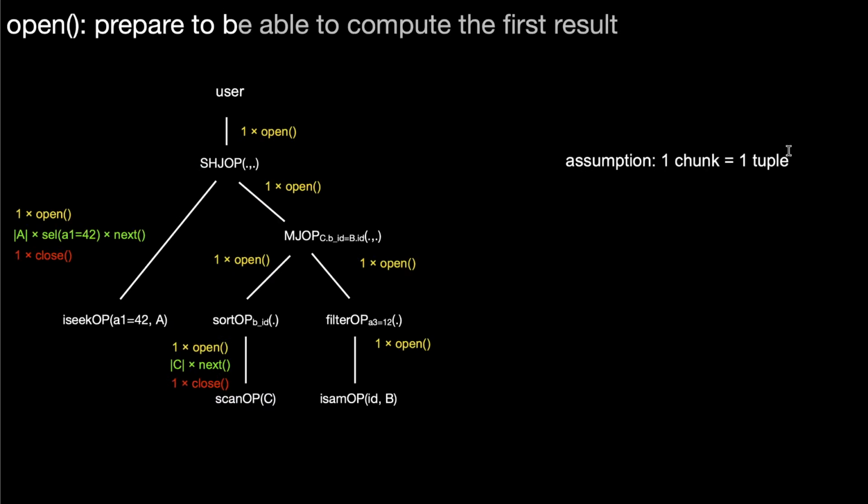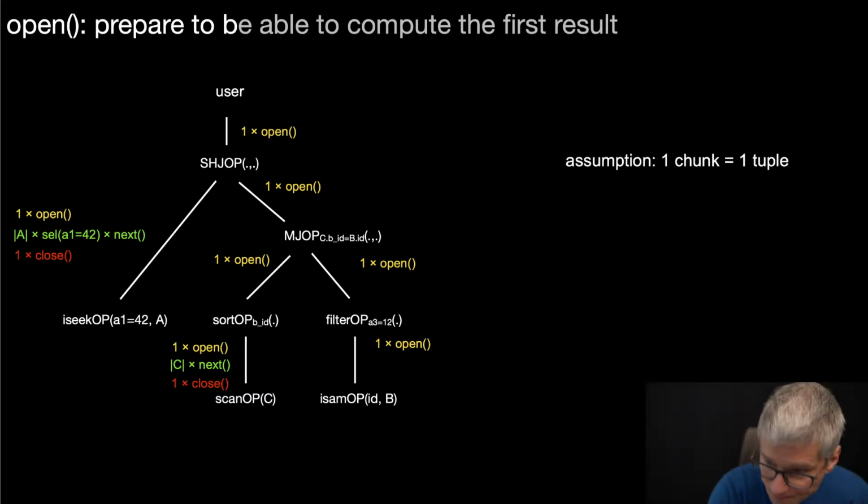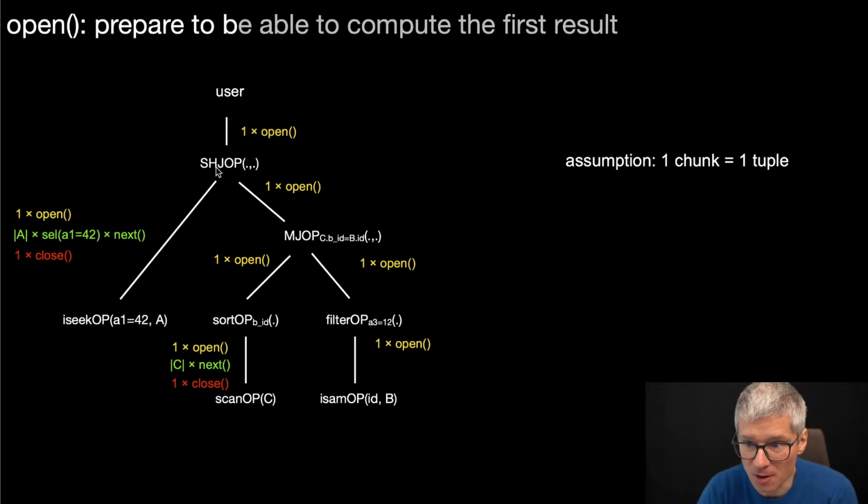So in more detail, here's an example how that would look like. Again, I use the assumption here that a chunk that is passed around by a next call corresponds to one tuple. So the user will call open on this topmost operator to initialize the entire tree.